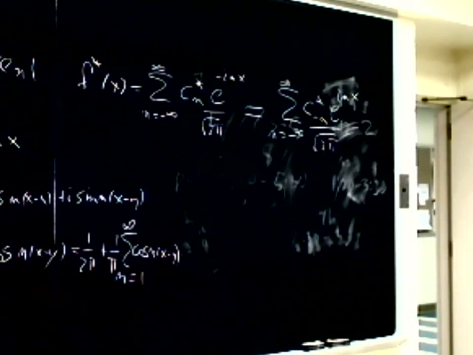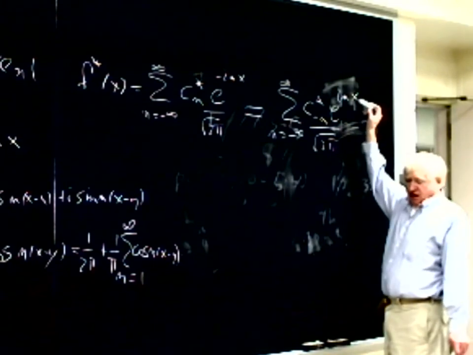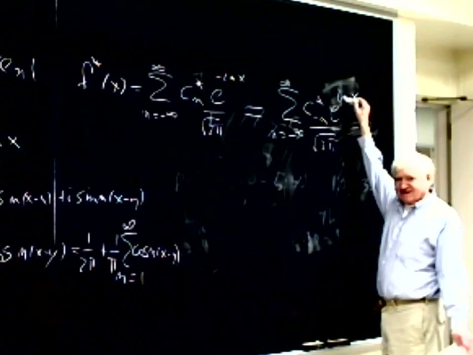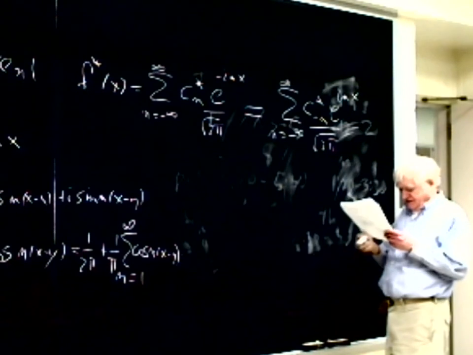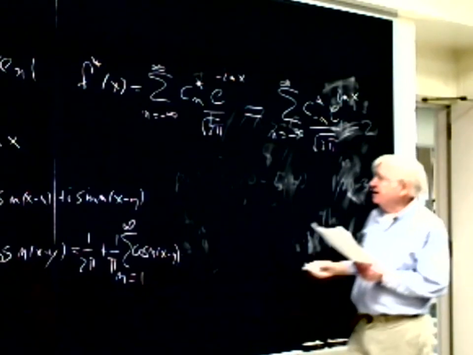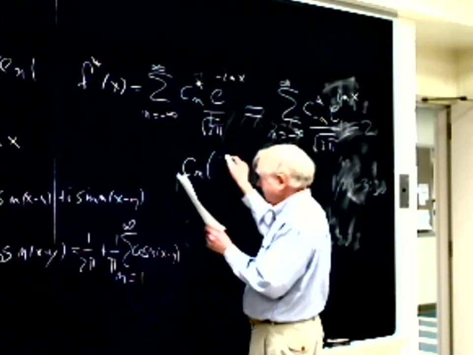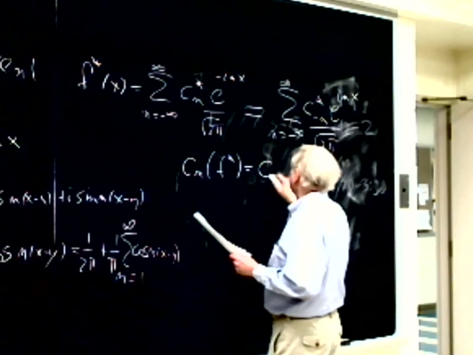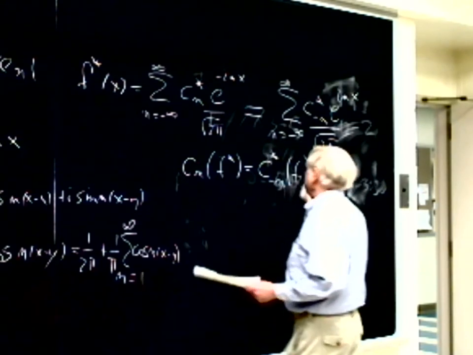In other words, we can just sum over minus n instead of n. And that tells us then that the coefficient Cn of f star is equal to c star minus n of f.